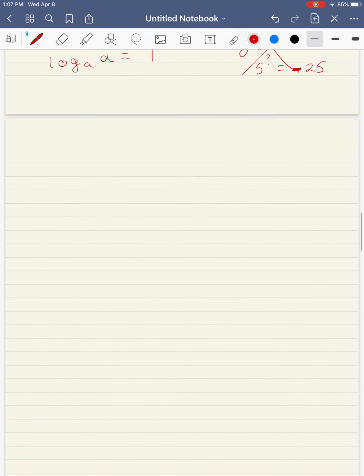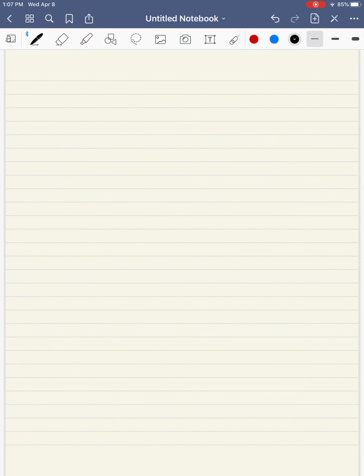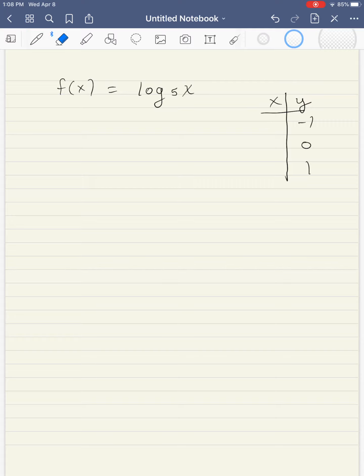Let's do an example of this with a base. What we're going to do is we're going to graph f of x equals the logarithm base 5 of x. I want you to write the 3 points. And in this case, we're seeing that my y value is -1, 0, or 1.